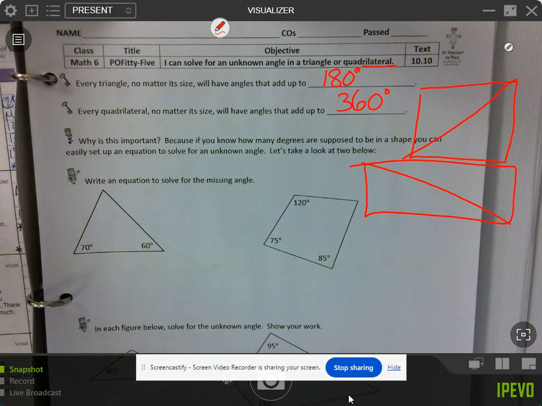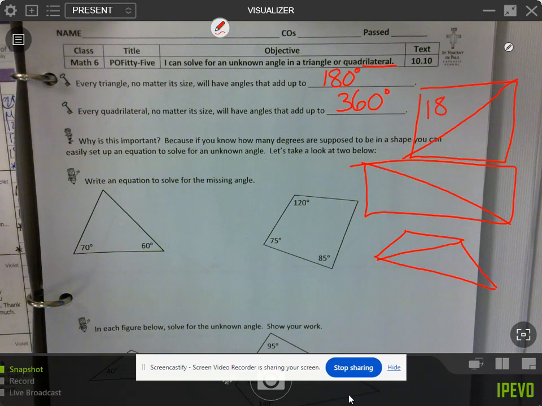What do I break that quadrilateral into? Madeline? How many? Two triangles. When I break my quadrilateral in half, I get two triangles. Even if I have a shape like that, I break it in half, it breaks into two triangles.